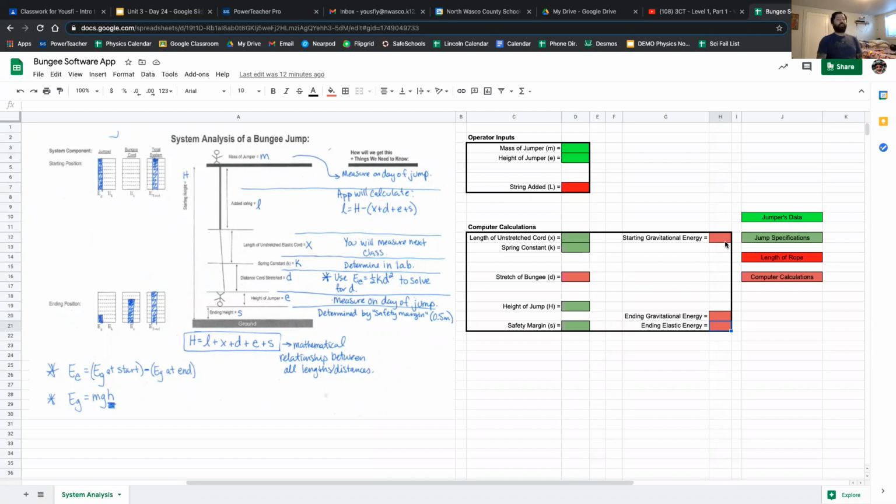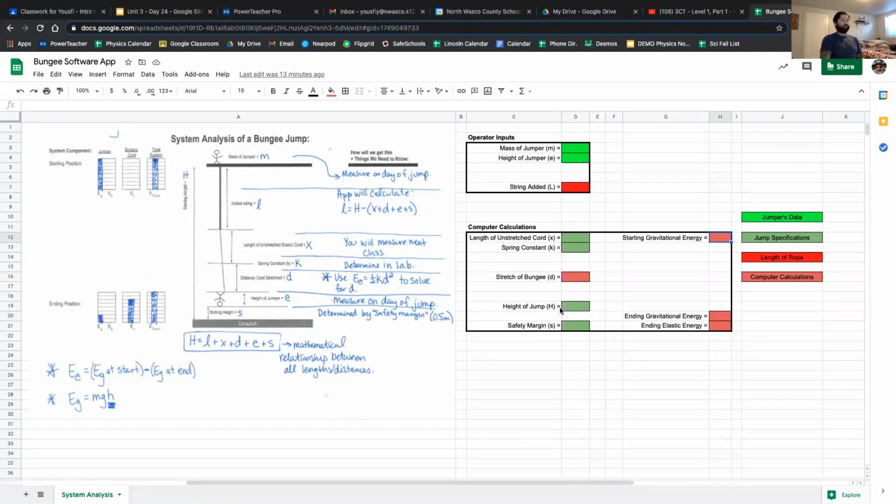Let's start with the starting gravitational potential energy. The starting gravitational potential energy is mass times gravity times height. It's the starting height, which is the height of the jump.